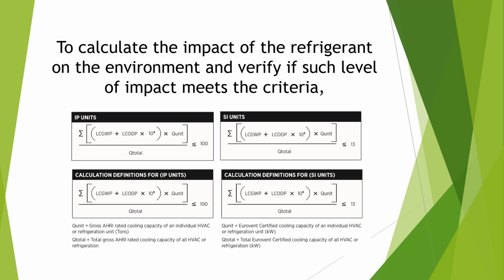LCODP and LCGWP are calculated by summing the lifetime refrigerant leak or the lifetime refrigerant loss, multiplied by the refrigerant charging rate divided by the equipment life, and then multiplied by the ozone depletion potential or global warming potential of the refrigerant. And one more thing to mention: when calculating the impact of multiple types of equipment, use the weighted average method.